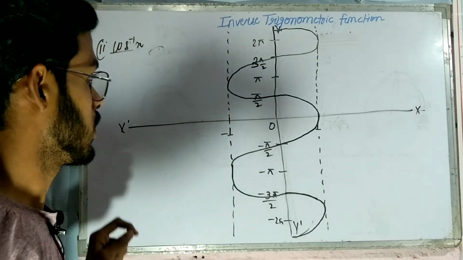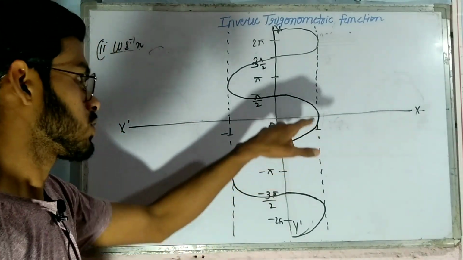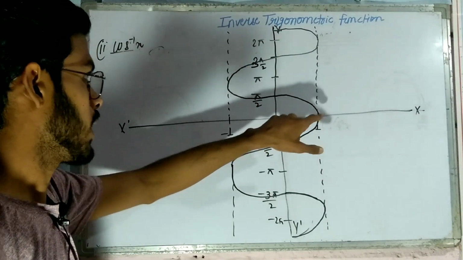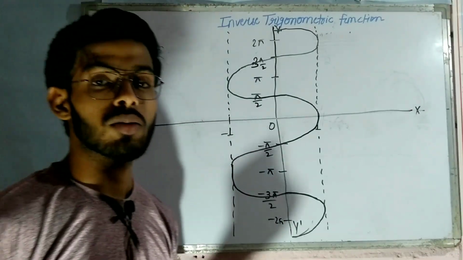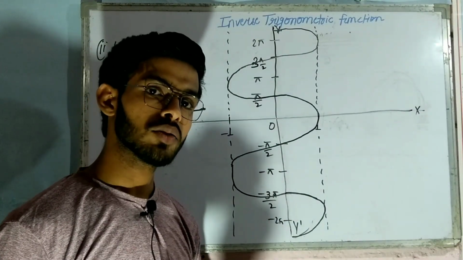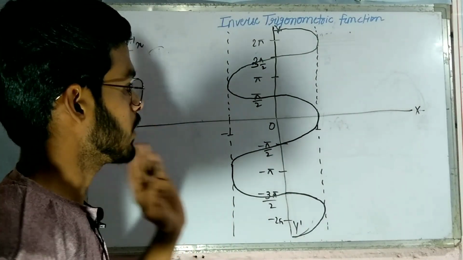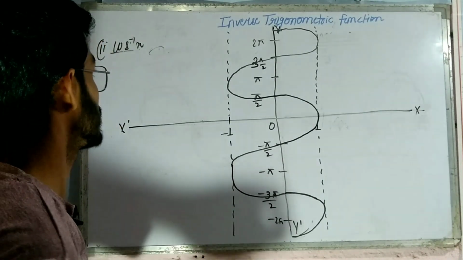Okay, and we know that the value of cos inverse 0 is 1. So its graph starts from positive 1, and it will cut at pi by 2 and its odd multiples, because the value of cos inverse x is 0 at pi by 2 and its odd multiples. So this is the graph of cos inverse x.